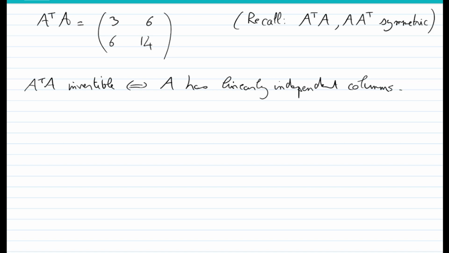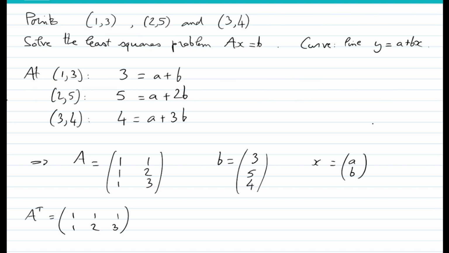Well, here we can just check and see that A transpose A is indeed invertible. The determinant is 3 times 14, which is 42, minus 36, so the determinant is 6. We're good. But if you have a bigger matrix, it might be harder to say, whereas finding that in this matrix here the columns are linearly independent is quite simple.